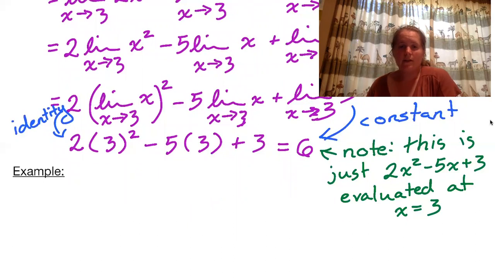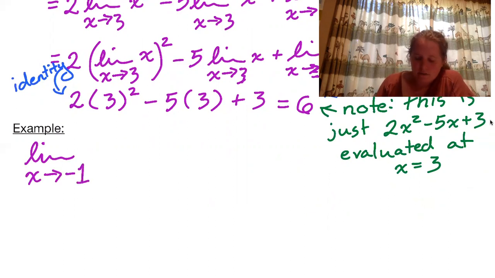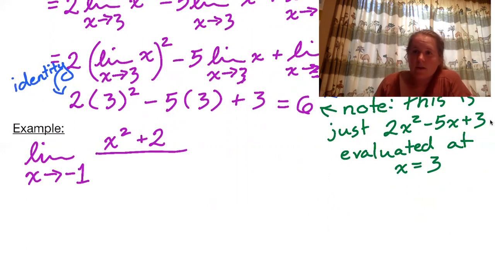So for another example, let's go ahead and look at the limit as x approaches -1 of x squared plus 2 over x plus 4.